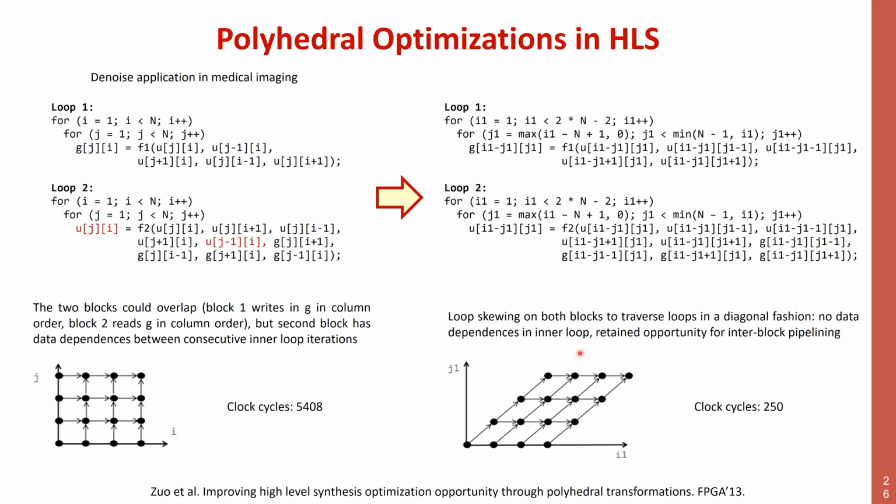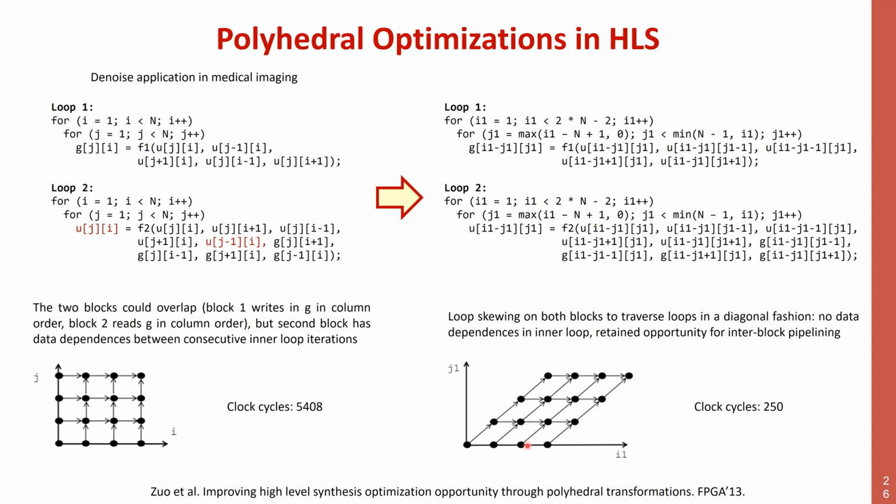But the advantage is that what you have done is that you have skewed this matrix in this way. And what happens now is that when you go from J1 to the next J1, this J prime, if you want, this new iterator, when you go from one to the next in the iteration, you do not have a dependency anymore.